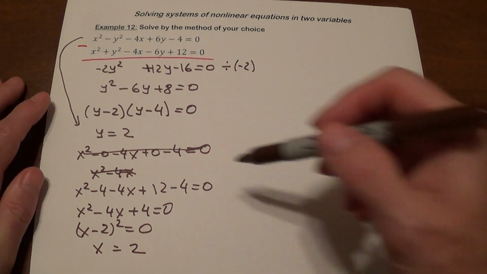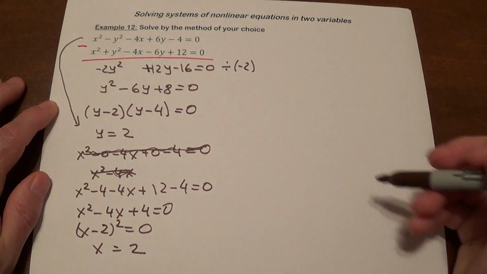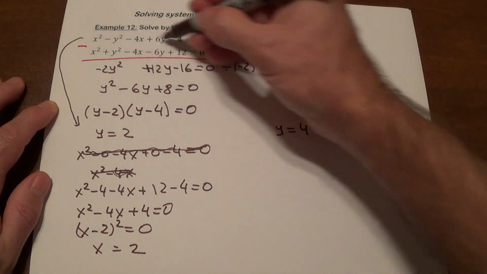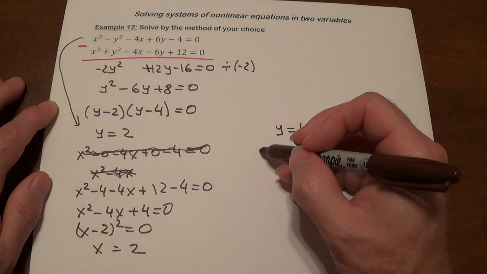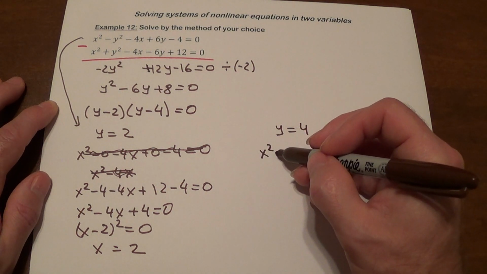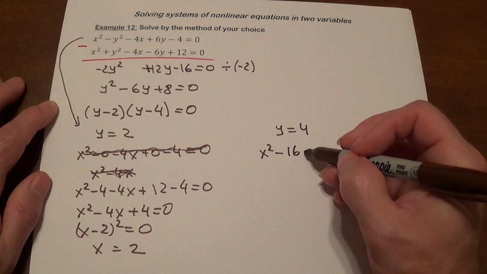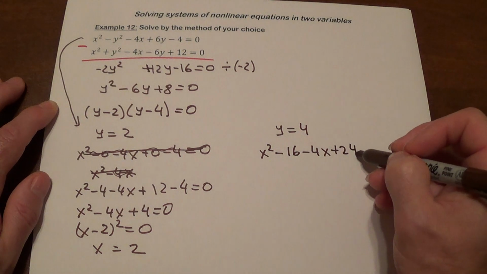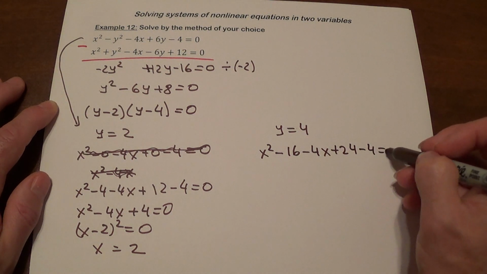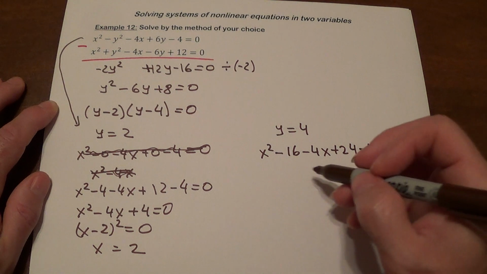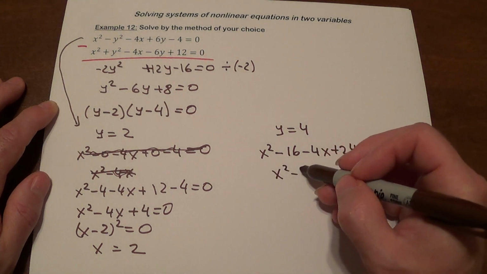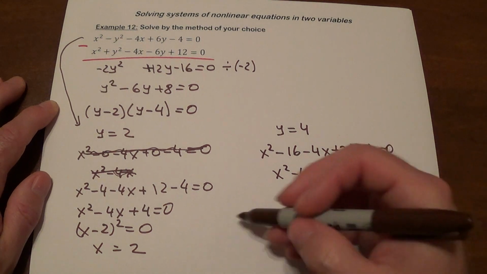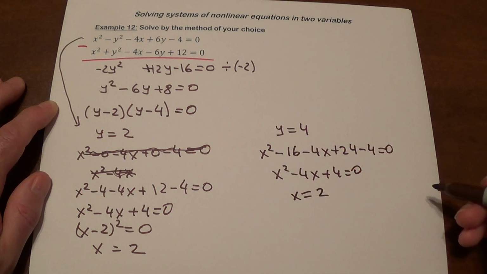My apologies, I got myself confused. Okay, the other value is y equals 4. If I take the first equation and replace y with 4, I'm going to get x squared minus 16 minus 4x plus 24 minus 4 equals 0, which gives us x squared minus 4x plus 4 equals 0, which is the same equation as this one, and gives us x equals 2 as well.